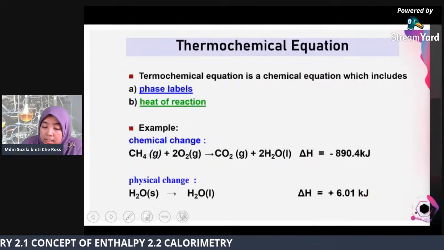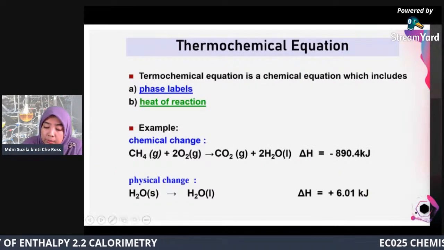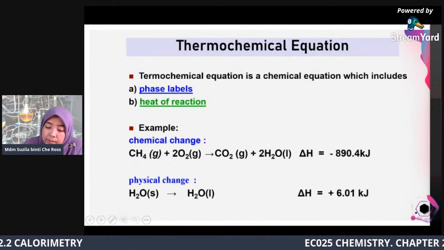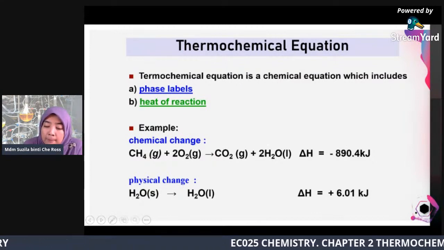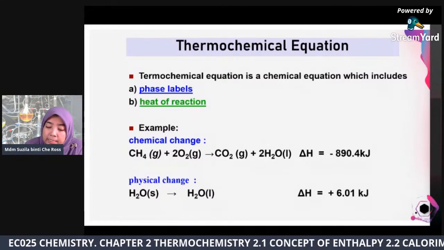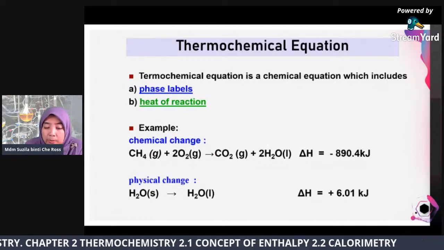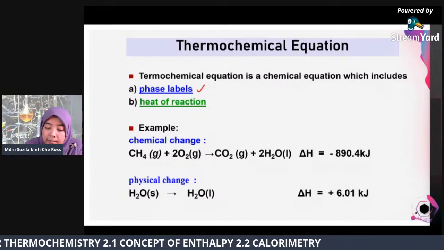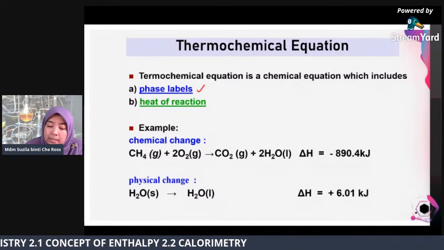Okay, so now we want to take a look at tips and tricks for thermochemical equations. Okay, when we write the thermochemical equation, we must make sure that the phase is labeled. Okay, so you need to state the phase. Phase is important for this topic.